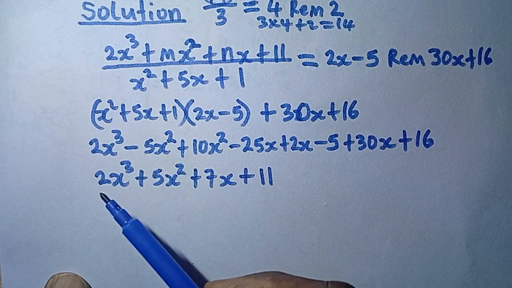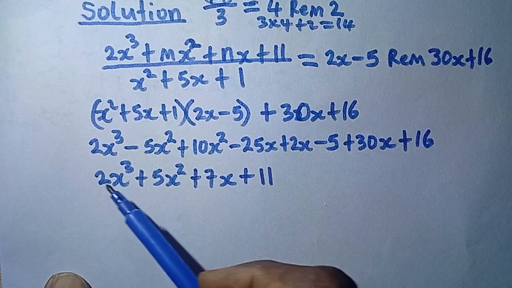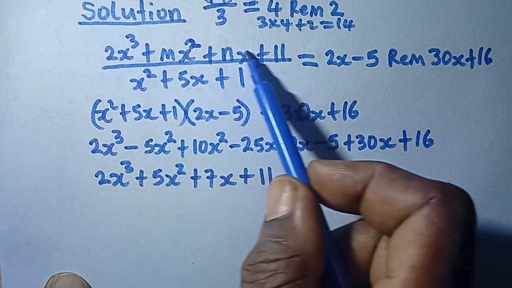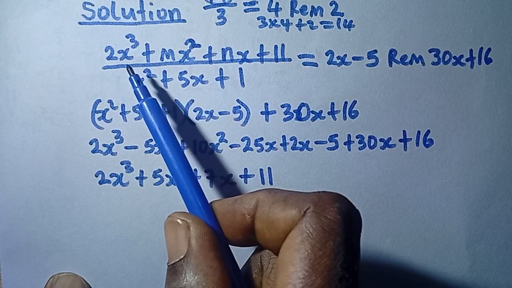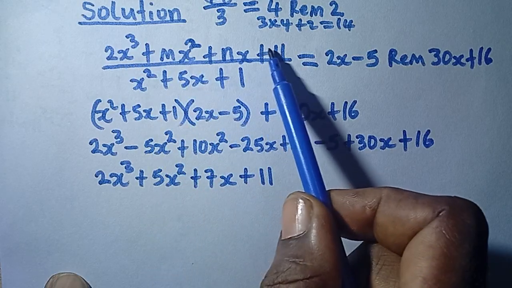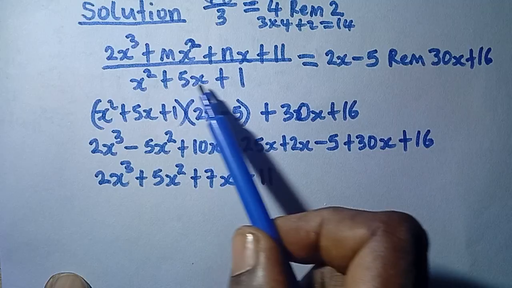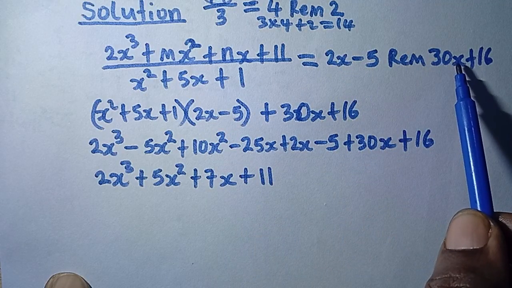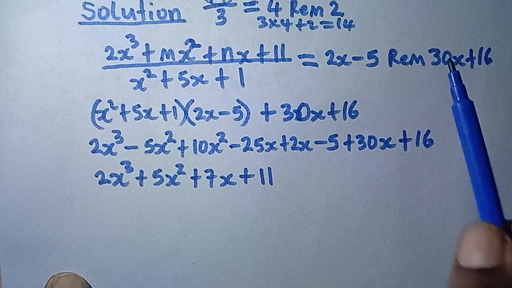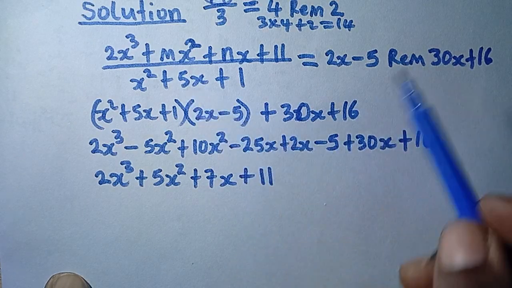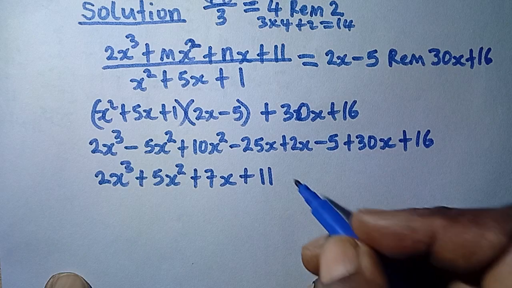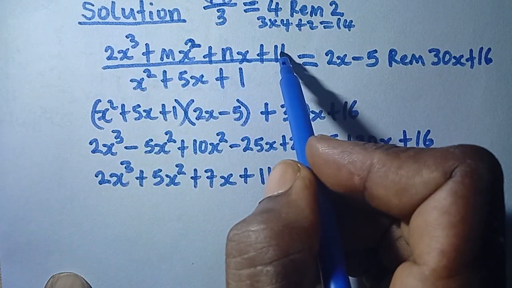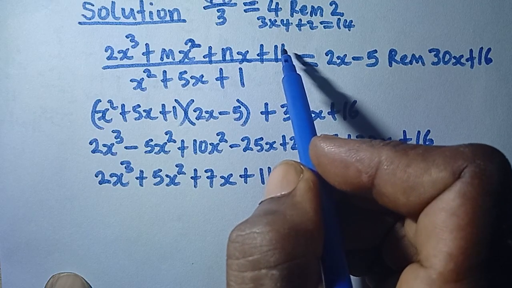Now, don't forget that this expression should be equal to what we have up here. We said earlier that to get the numerator, we take the denominator, multiply by the quotient, and then add the remainder. So since we have done that, this part should be equal to the numerator, which is the original expression.